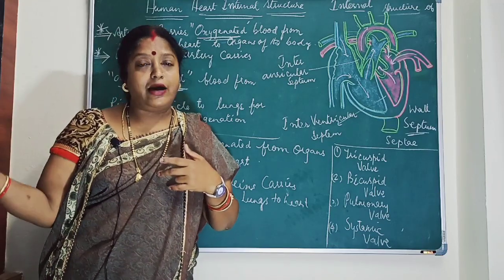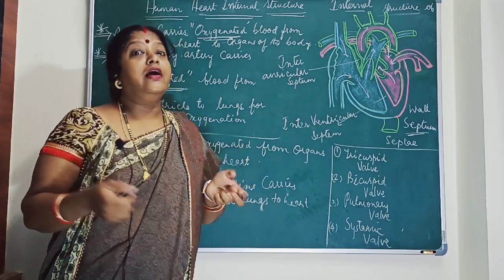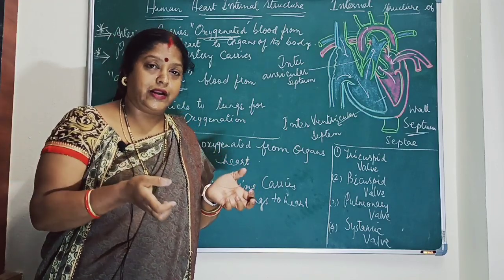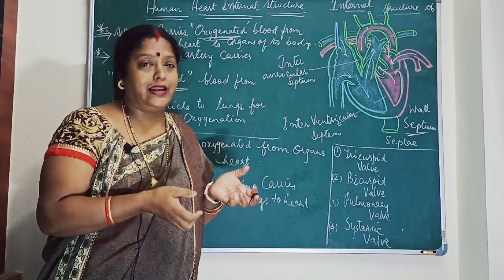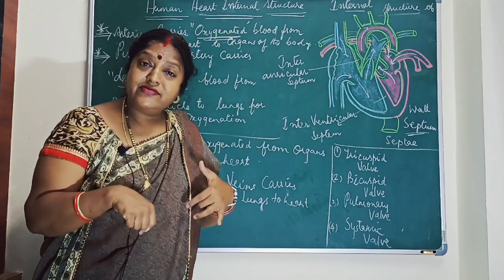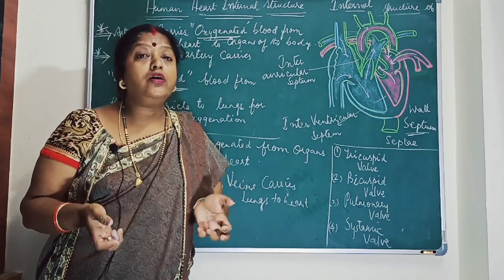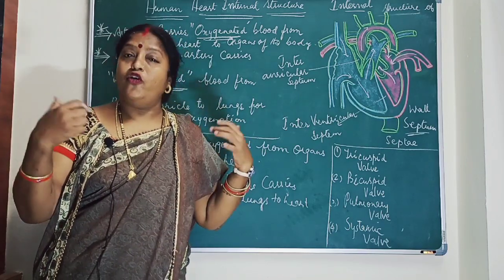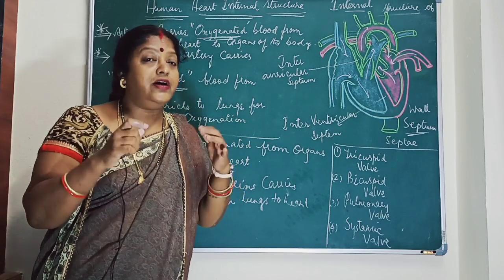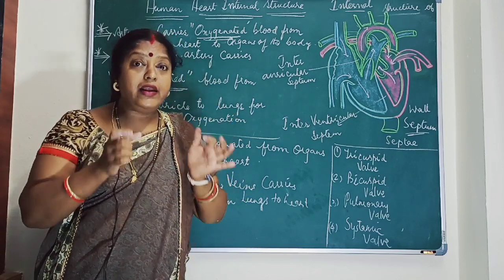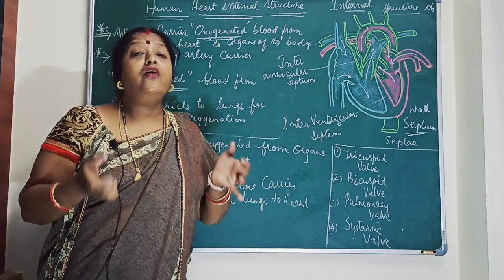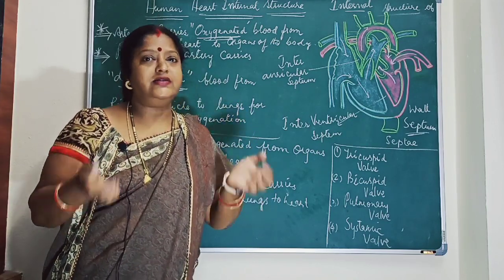If the environment is cool, the body becomes cool; if the environment is hot, the body becomes hot. They are poikilothermic animals. Whereas in apes and mammals, whether it is hot or cold outside, the body is always warm. It is very essential to maintain this temperature, for which a lot of energy is required.